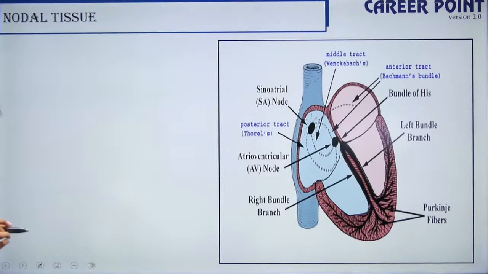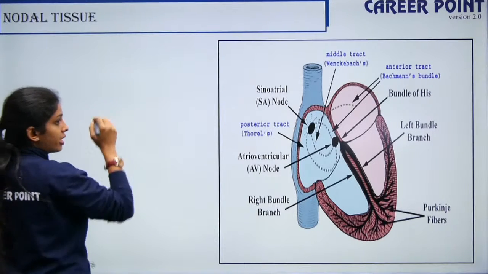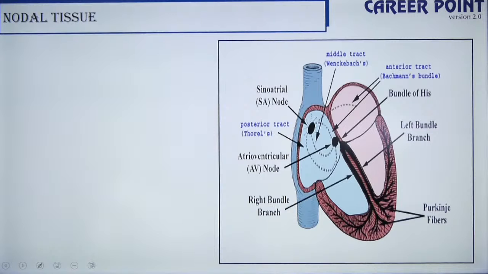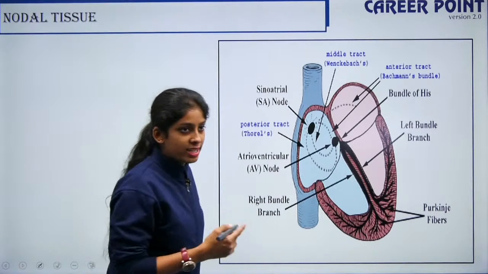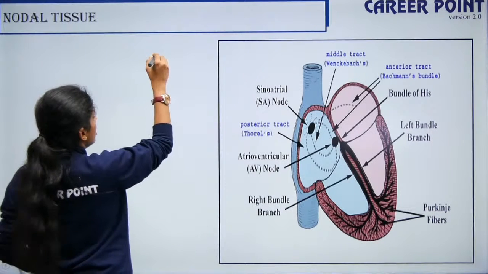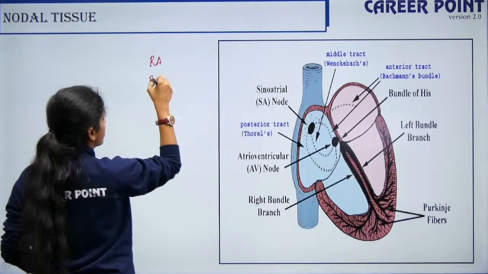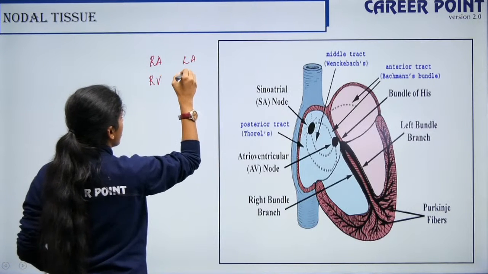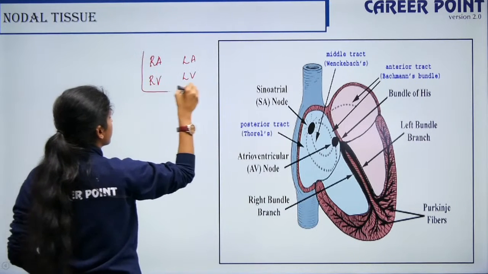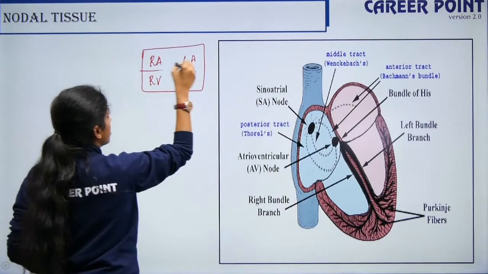So let me redraw the diagram once again. We have the right atria, right ventricle, left atria and the left ventricle, right?